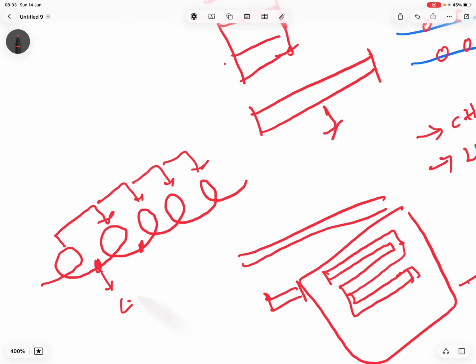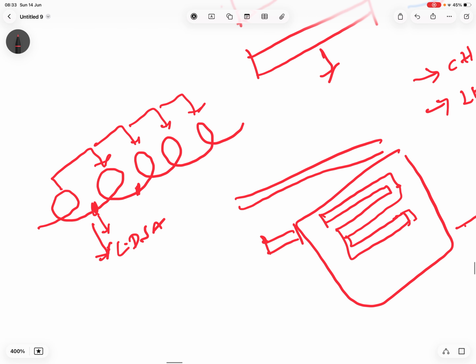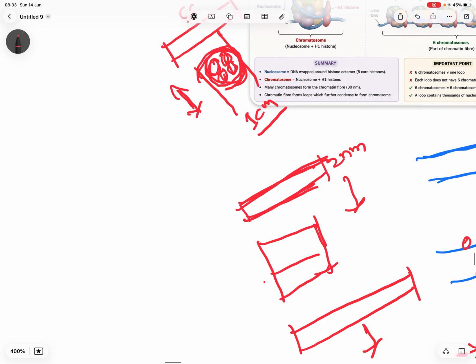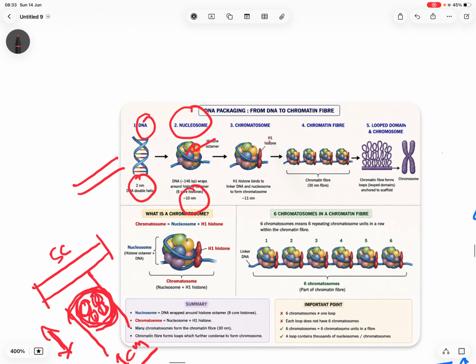We call it the linker DNA, and H1 histone proteins bind to this region. That's why we call the H1 proteins linker histone proteins. The nucleosome with the H1 protein we call a chromatosome. So the chromatosome has both the core histone proteins and also the H1 histone protein.